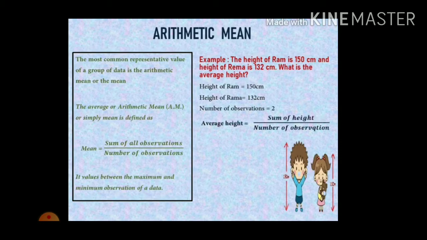So as per the definition, average height will be equal to sum of heights divided by number of observations. So that will be equal to 150 plus 132 divided by 2. And the answer will be 141 centimeters. So we can say that the average mean of the heights of Ram and Rima is 141 centimeters.